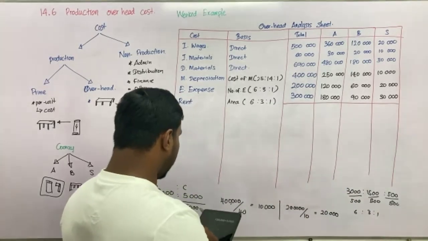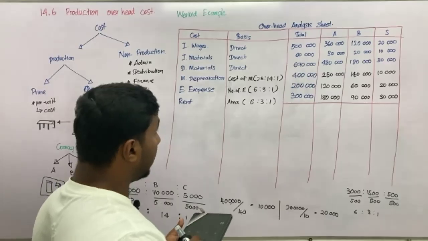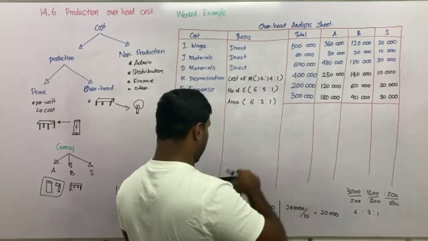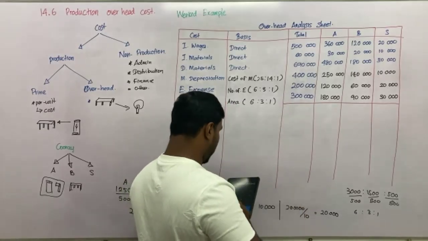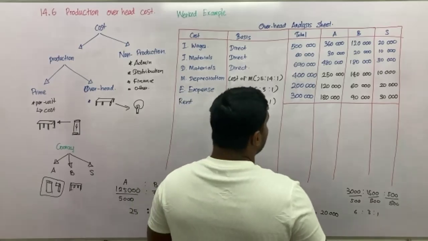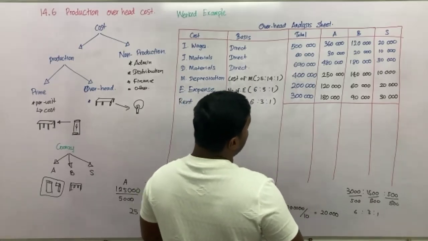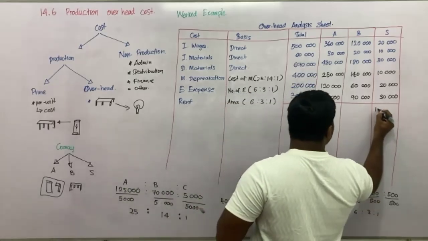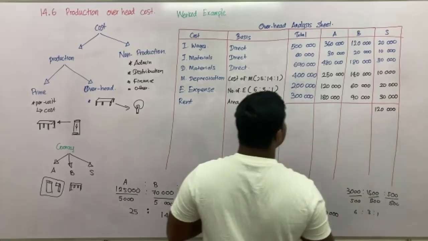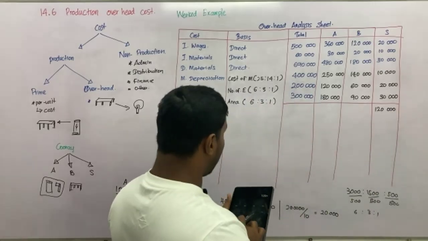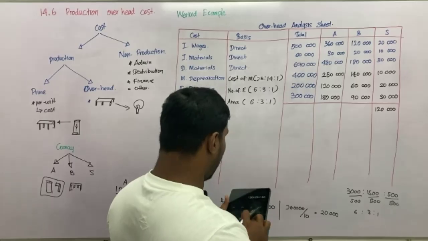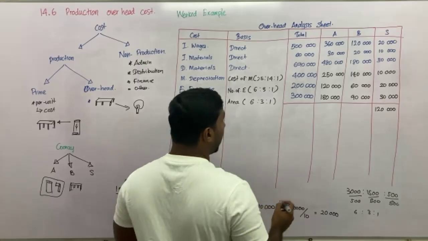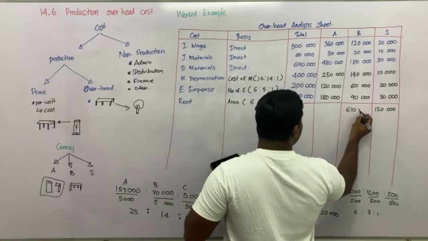Okay, so let's sum it up. 20,000 plus 10,000 plus 30,000 plus 10,000 plus 120,000 will be for the service sector. 20, 20, 180, 140, 60 plus 90 will be 610,000.